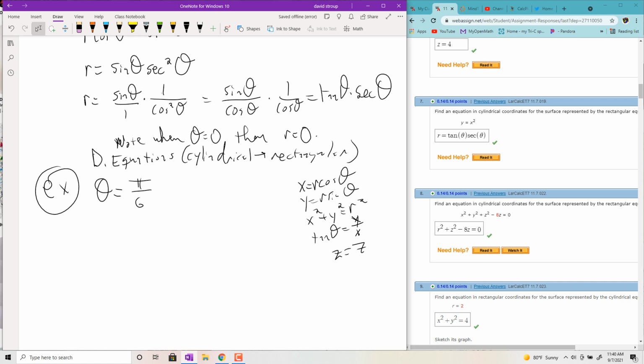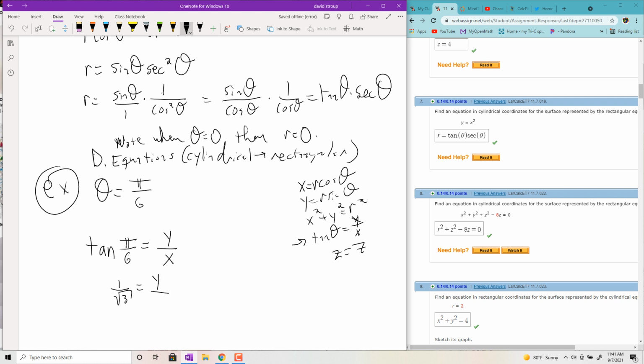In this case, it's this equation that's going to allow us to get rid of the theta and put us in the x and y and z. So tan of theta is pi over 6, so tan of pi over 6 equals y over x. Okay, tan of pi over 6 is just going to give you 1 over root 3.